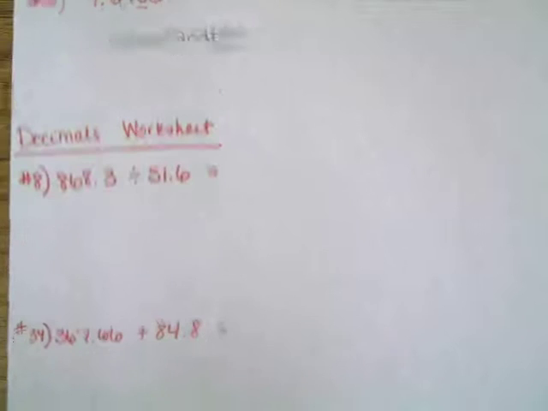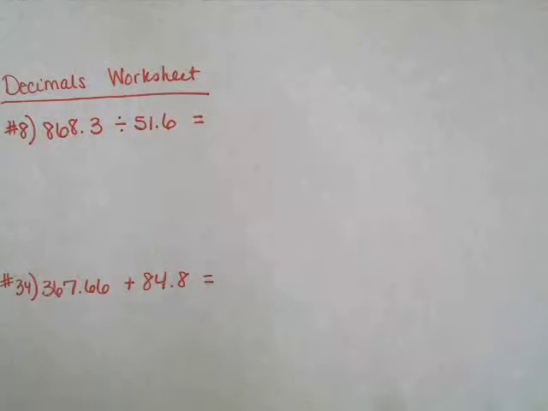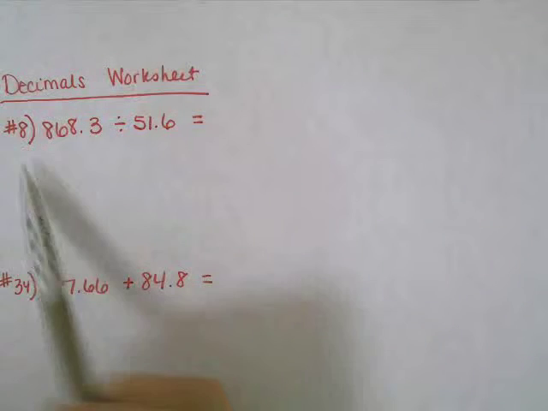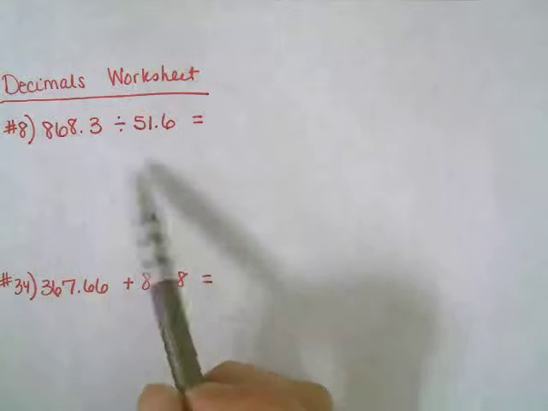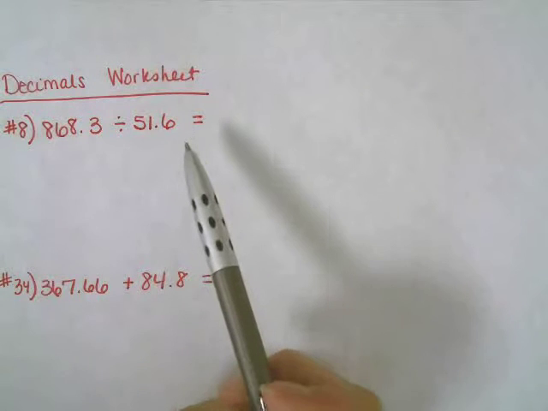All right, the next one is decimal worksheets. And for decimal worksheets, we're going to do number 8 and number 34. You will get to use your calculator, so practice with your calculator.